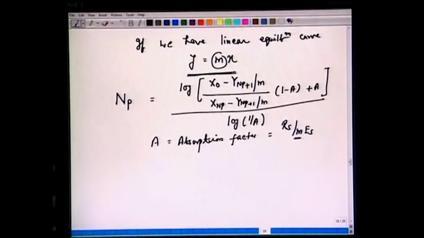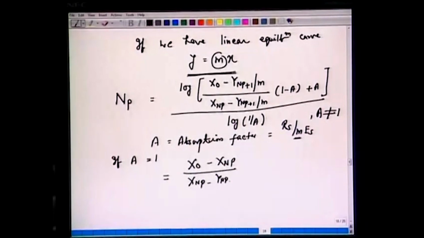And when we write down this expression, we make a note here that A does not equal 1. And if A equals 1, then we have a different, simplified expression for NP as (x0 minus xNP) over (xNP minus y(NP+1)/m).